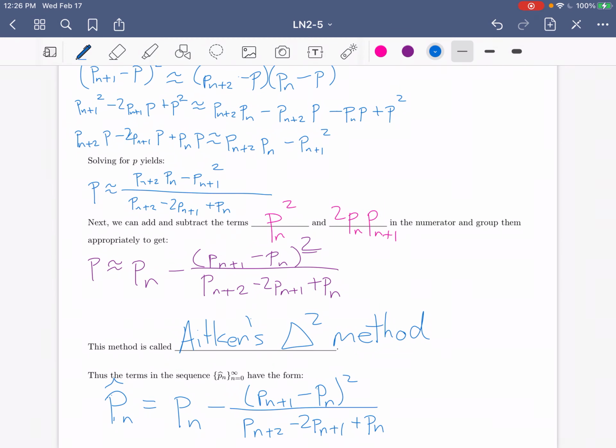Right? So this gives us a way to build up a new sequence based on some other sequence.